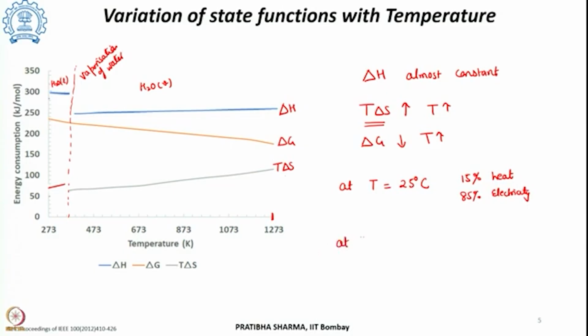However, the situation changes at 1000 degree centigrade, where 1/3 of the energy requirement is in the form of heat or thermal energy, and 2/3 of it is in the form of electricity in the process.